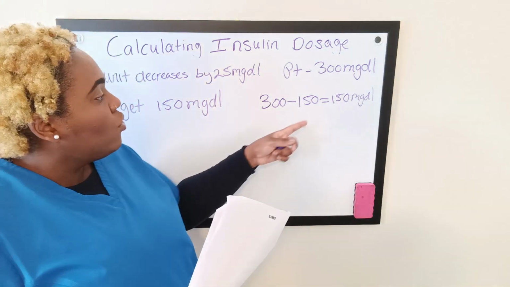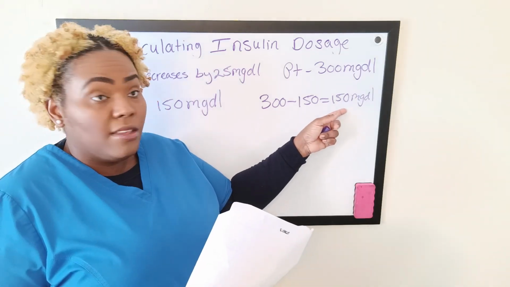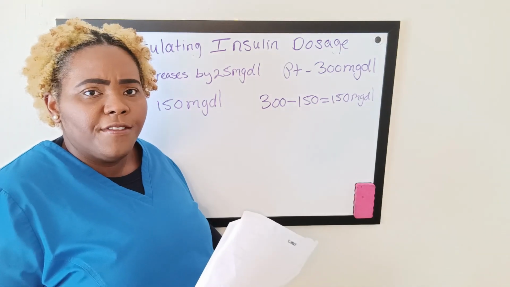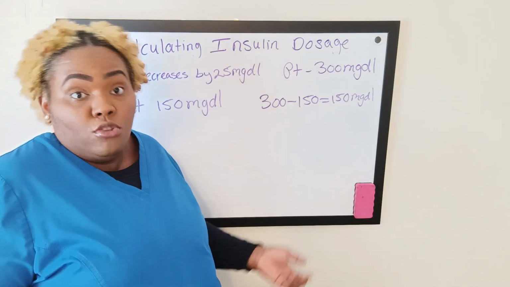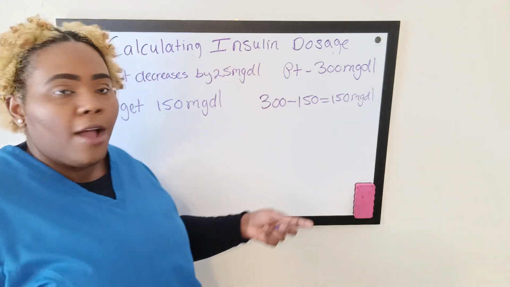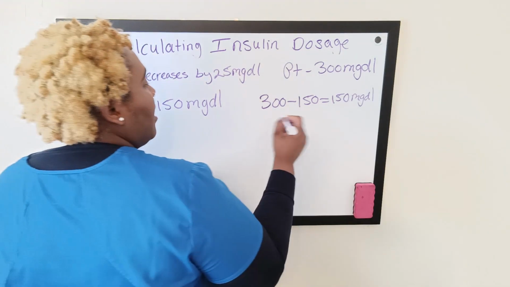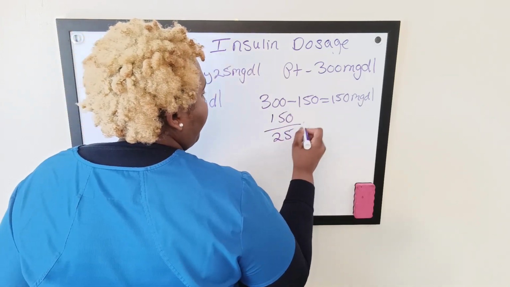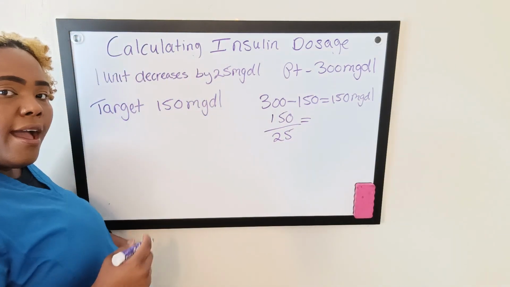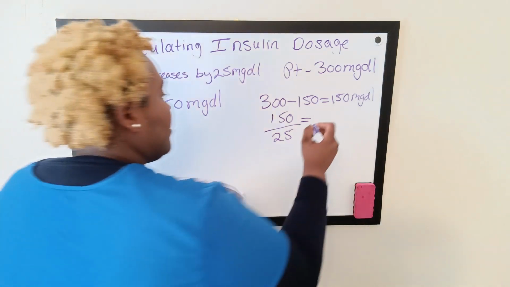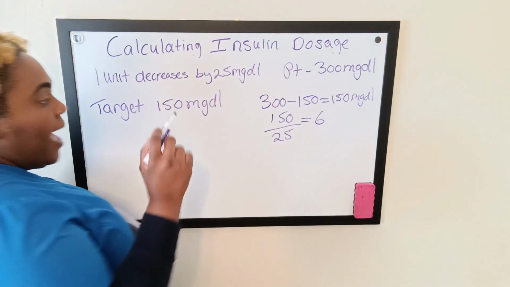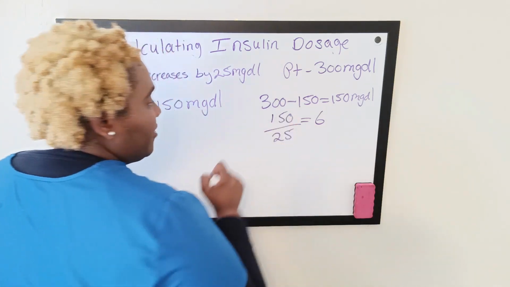Okay, so we need to decrease this whole 150. So how much 25s is in 150? I don't know. You know? Okay, so let's work it out. So we're going to have to say 150 divided by 25. And that will give us 6. All right? And 6 25s is in 150.